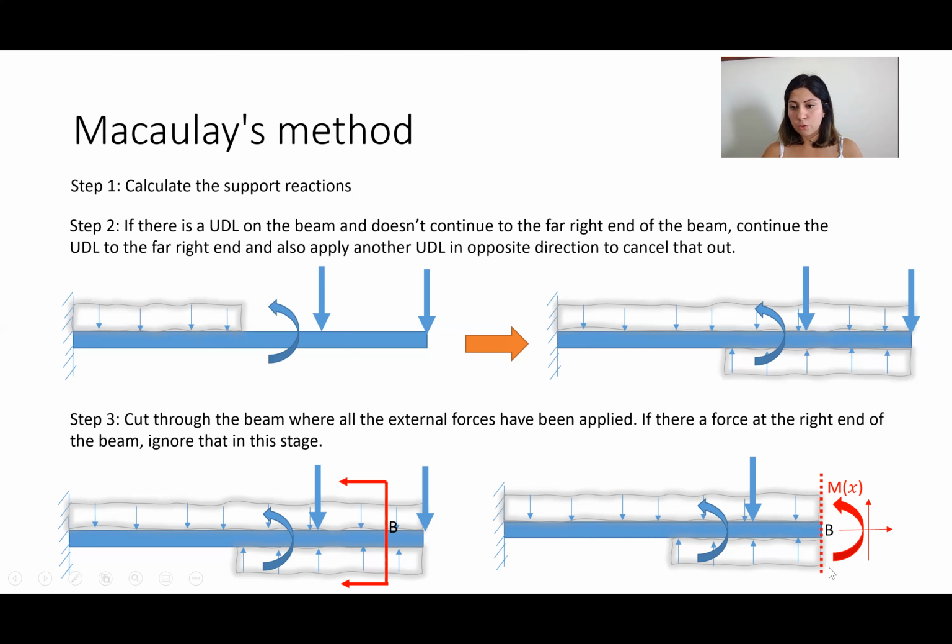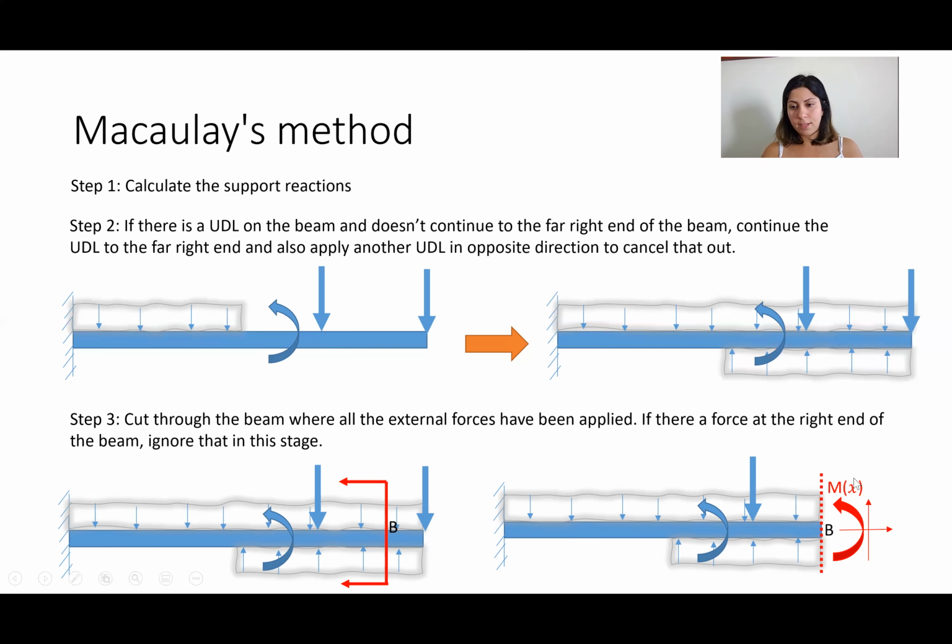So if I cut through point B, then I would be able to see the internal force in the vertical direction, the internal force in the horizontal direction, and the internal moment. So I have three internal forces at that point.